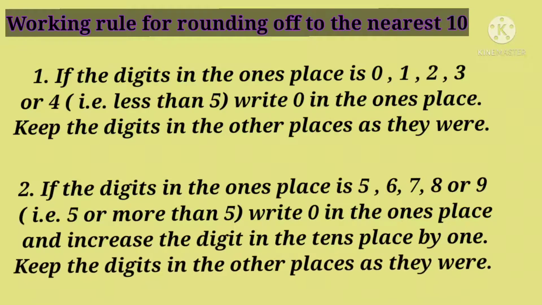Second step, if the digit in the ones place is 5 or more than 5, then we write 0 in the ones place and increase the digit in the tens place by 1. Keep the digits in the other places as they were.